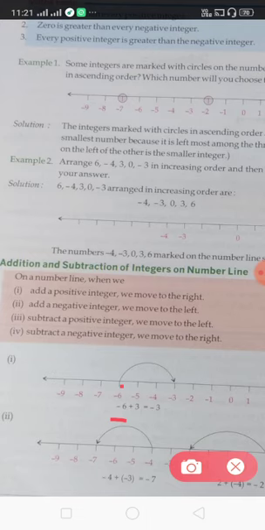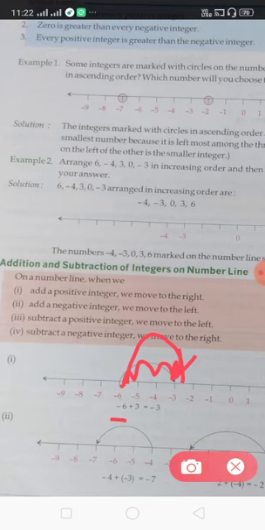And you want to add +3 here. For the +3, what I have told you, you move on the right side. So from -6 you move to the right, 3 places: 1, 2 and 3. So what is your final point? This is your final point. So your answer is -3.